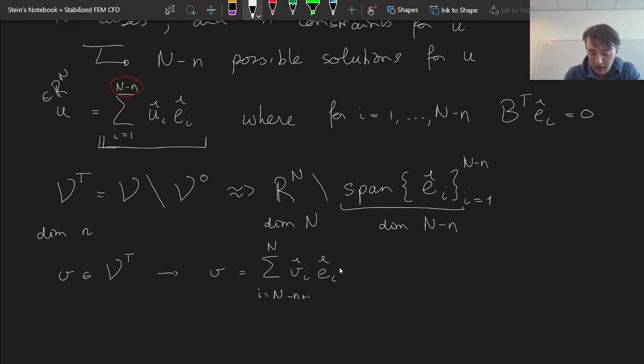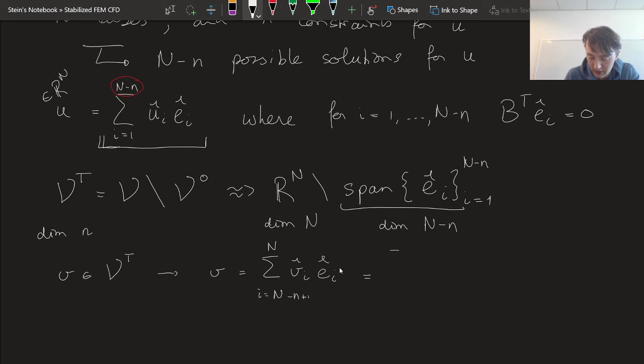We can also write this as a matrix system of equations as the following. We can now create a small vector v. These are all our v_i's. And our basis we can put in a different matrix, which I'll call E hat. So this is going to be N by n. Sorry, in my notes I have this transposed, I don't want to have this transposed now.